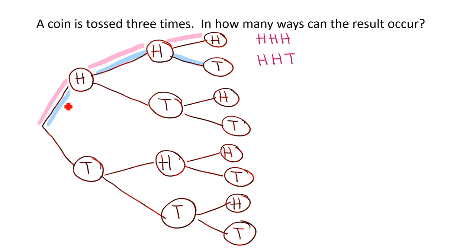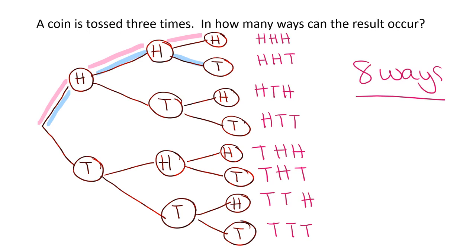And then in blue, that would be the outcome, heads, heads, tails. And we could continue. Each one of these branches is a different outcome. And we can just go through and count how many branches do we have? 1, 2, 3, 4, 5, 6, 7, 8. So there are 8 different ways the results can occur.